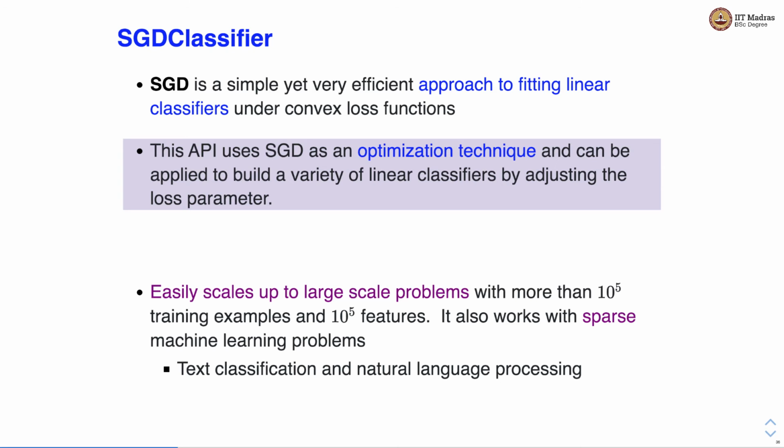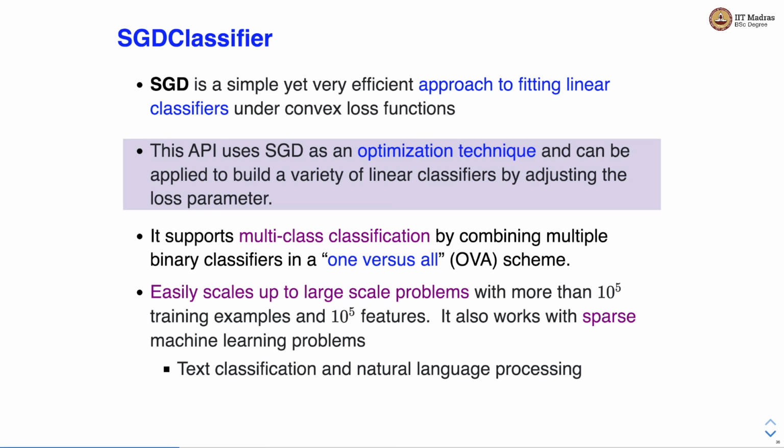Problems with more than 10 raised to 5 training examples and 10 raised to 5 features can be easily handled with SGD classifier. It also works with sparse learning problems. It is useful for text classification and natural language processing. It also supports multiclass classification by combining multiple binary classifiers in a one versus all scheme.